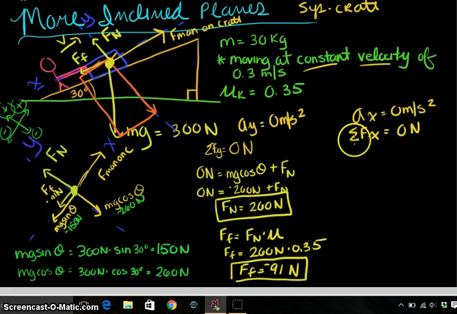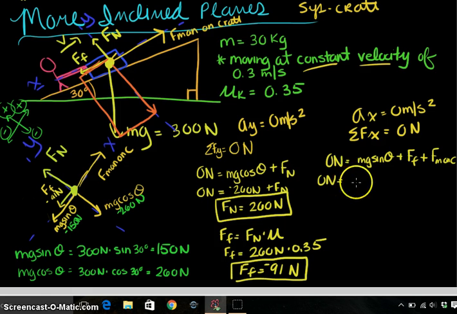Okay, cool. Now that we know what our frictional force is, we can take care of these forces in the x direction. So if net force in the x direction is 0 newtons, I can write a math statement for this. This would equal mg sine theta plus friction plus force of the man on the crate. So we end up with negative 150 newtons plus negative 91 newtons, and we're looking for the force of the man on the crate.